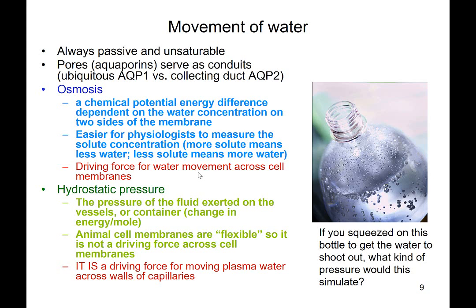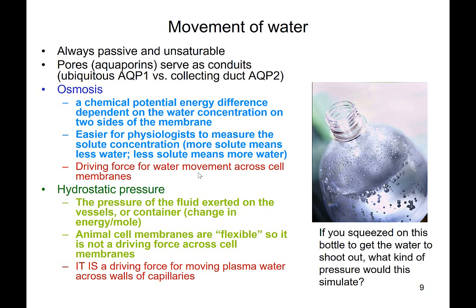This is very different than osmotic pressure. Osmotic pressure is a pulling force, where solutes that are found in unequal quantity across a biological membrane per unit of volume will pull water towards them. We say particles suck. It's actually easier for physiologists to measure the solute concentration, more solute means less water in that solution, than the actual water itself.